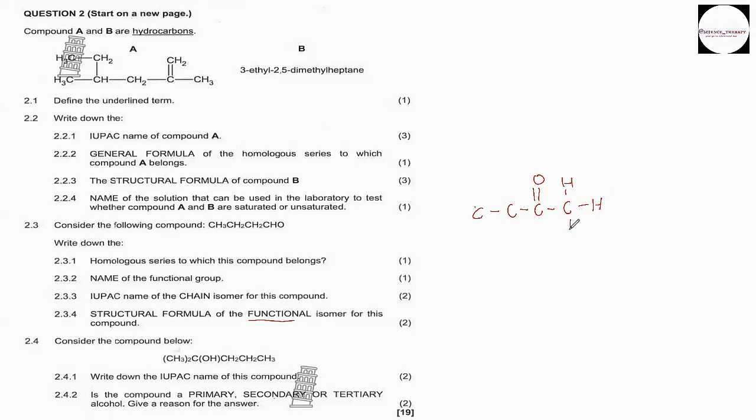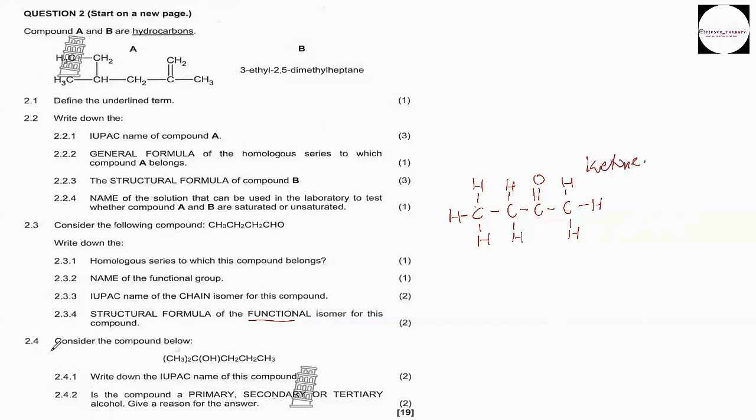This makes it a ketone. Remember, if the double bond oxygen is on a carbon that is in between other carbon atoms, then it makes a carbonyl group, which is the ketone.